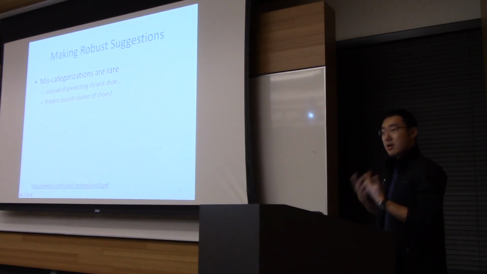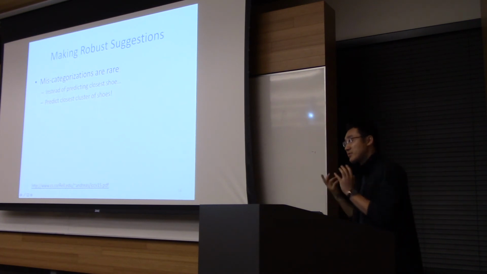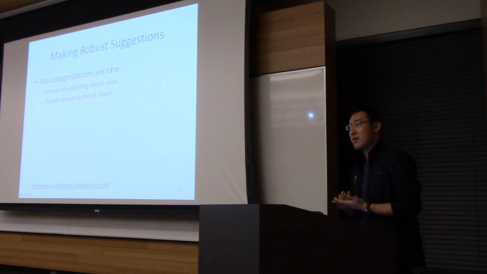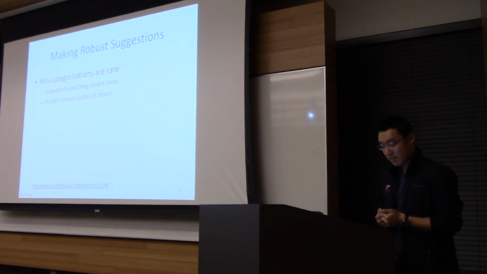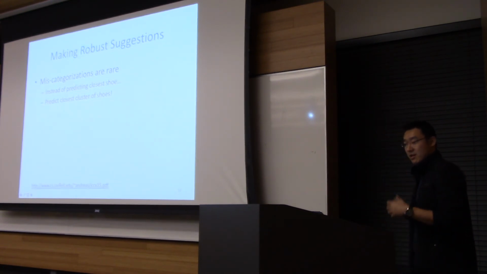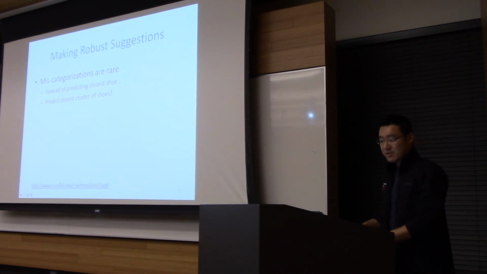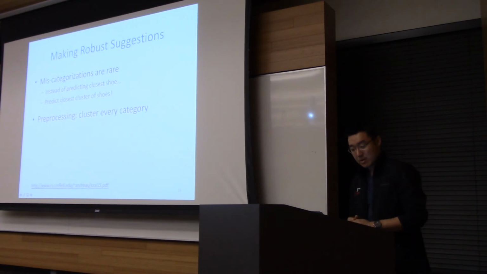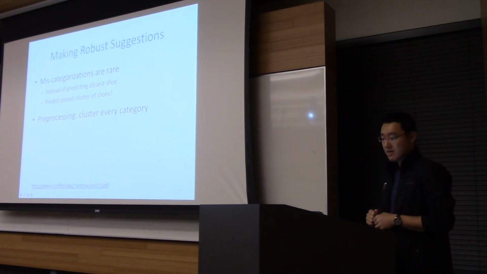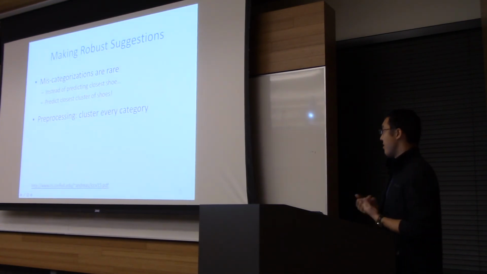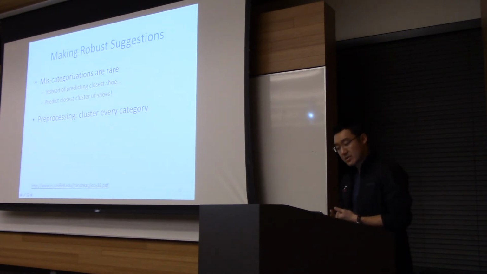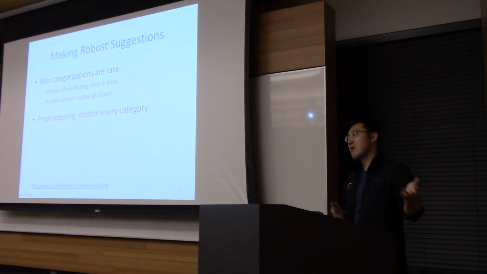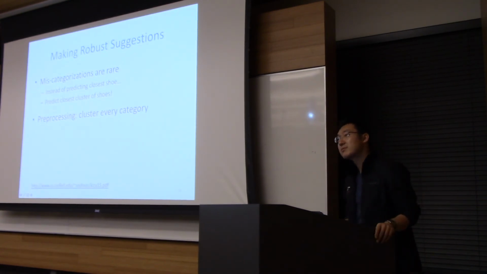Of course, miscategorizations are rare, but in this particular case, they're the ones that always get picked if you don't consider them. So instead of predicting the closest shoe, let's predict the closest cluster of shoes. The idea being that if pants were miscategorized as shoes, then if we look at the embedding over all shoes, these pants will be very far away from large clusters of shoes.